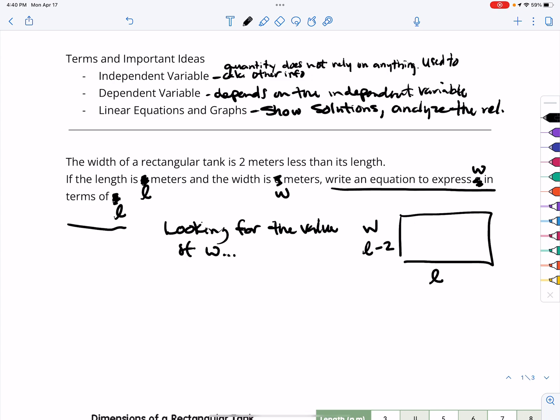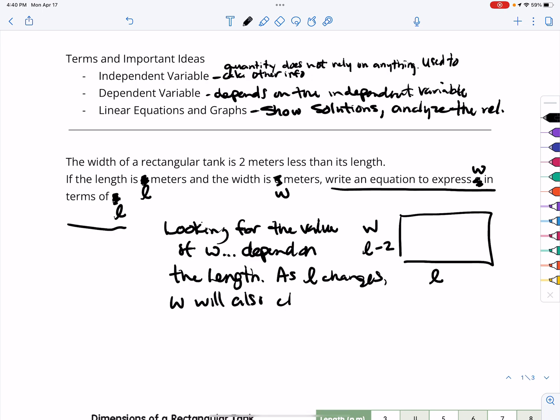That must mean that it's going to depend on the length. As the length changes, W will also change. So our dependent variable is W because it is based on the length, and our independent variable is length.